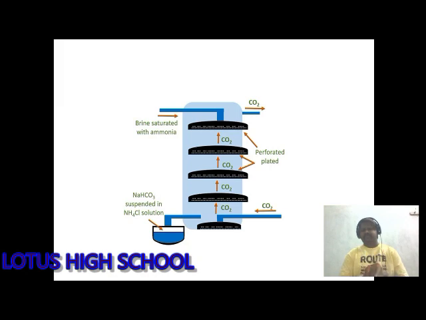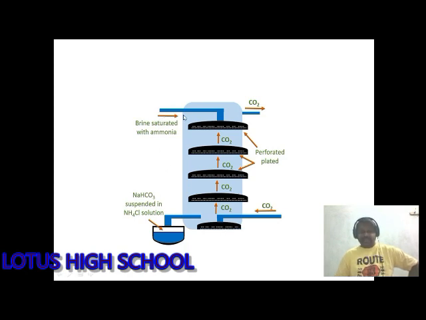See here, this is a big cylinder, with an upper position and a lower position. This tube is connected to the upper position, and down here another tube is connected to the bottom position.